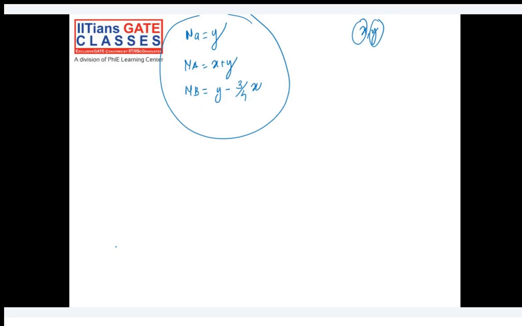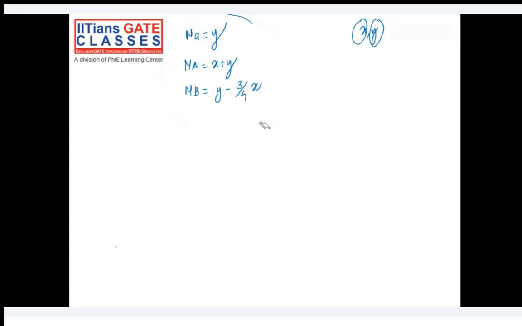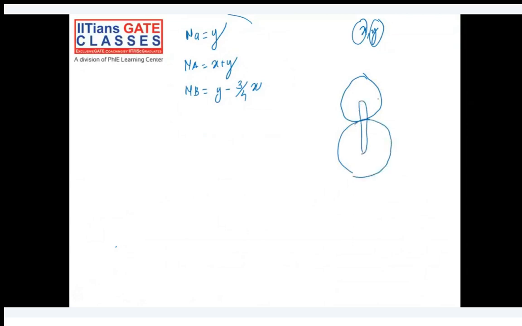So let's try to connect it with our question. What was our question? If gear A is fixed, the arm is rotating in the counterclockwise direction at 80 rpm. This is our first case. So here, is it correct if I write NA equal to minus 80? Let me look into the question again.